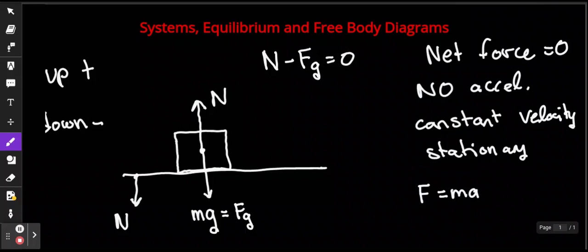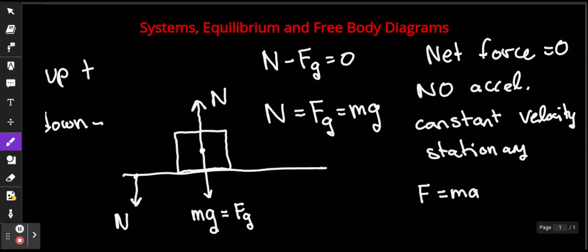This tells us that N, which is normal force, is equal to Fg, which is equal to mass times gravity. And that is how we calculate normal force. Keep in mind that normal force is not always equal to your weight, because if you're in an accelerating reference frame, sometimes this can change. We will go over this in some future videos.